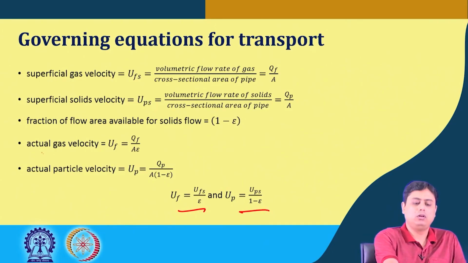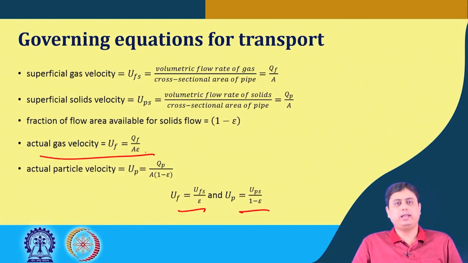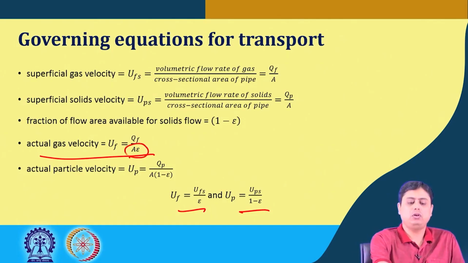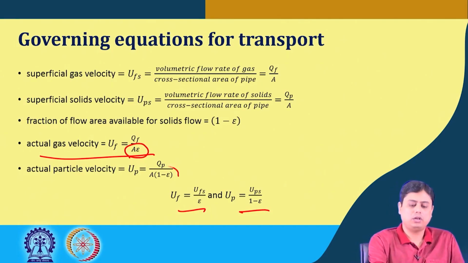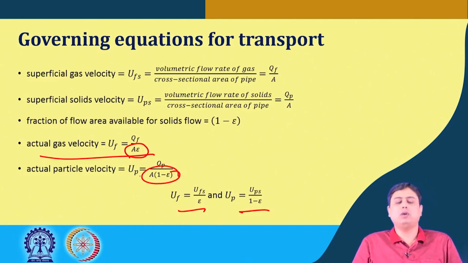If you look at the actual gas velocity expression, it is the volumetric flow rate of the fluid divided by the area available for that fluid to flow. The area available for the gas phase is A epsilon, and the area available for solids is A into 1 minus epsilon.